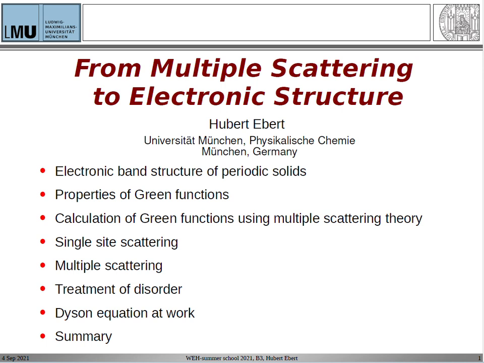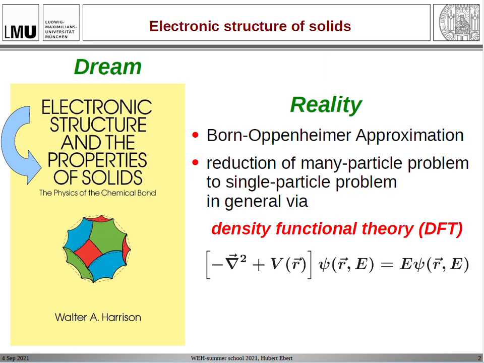So let me start with electronic structure of solids, and solids should not be a restriction for the moment, just an example for systems we can handle. So the dream, of course, of a solid-state theoretician is that we calculate the electronic structure, and on that basis we describe, we explain, and maybe predict all properties of a solid.